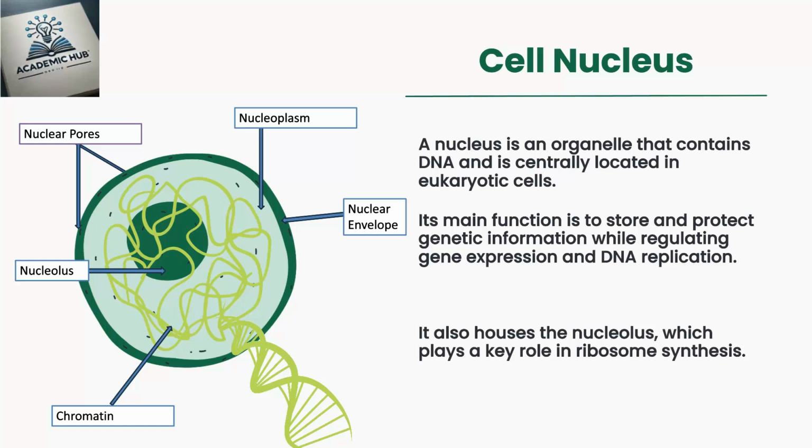Multinucleated cells: there are some specialized cells which contain multiple nuclei, allowing them to function efficiently. For example, skeletal muscle cells have multiple nuclei to support their large size and protein production.